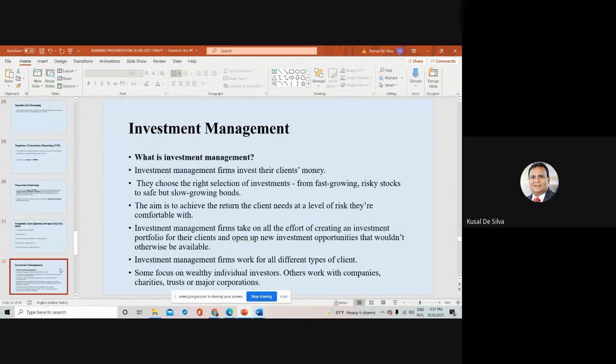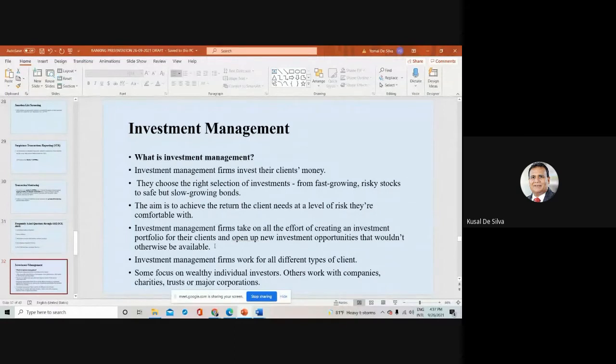With their expertise, they should be able to cater to the client's requirement after ascertaining the client's requirement as well as the client's risk appetite. They should be able to invest in such a way that will create a higher return for the client than the client individually investing in the same portfolios.